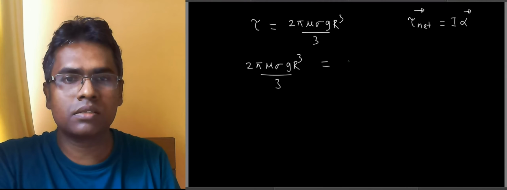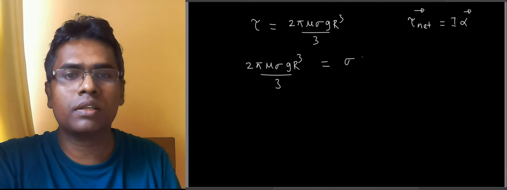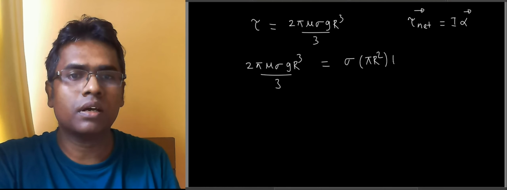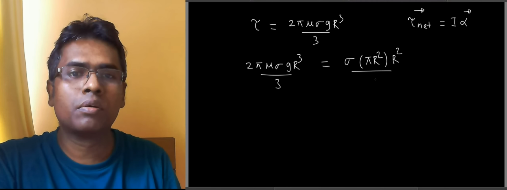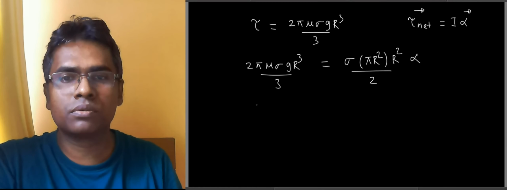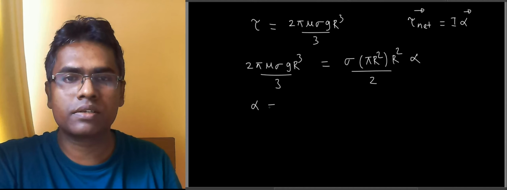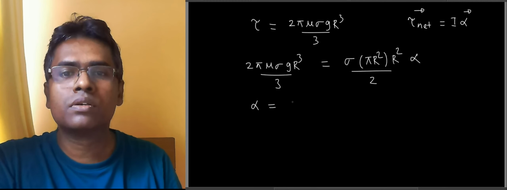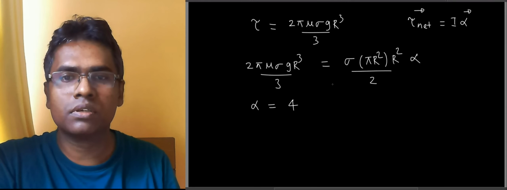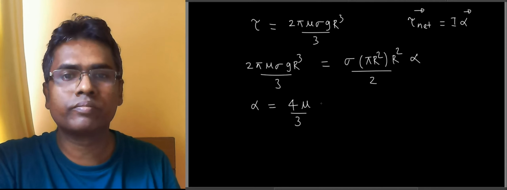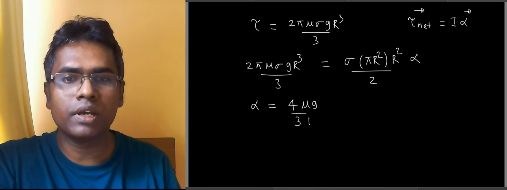To get the mass, I can take the defined mass per unit area and multiply by the area pi R square, that is mass, and then R square by 2, and then into alpha. So the angular acceleration here will be, the pi disappears and even the sigma disappears, 4 mu by 3 g, and then I divide by R.